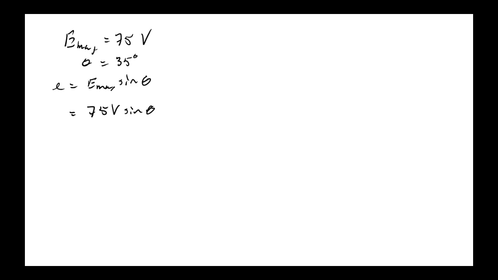All right. 75 sine, open parentheses. Let's check your mode. Here's yours, DRG. That's degree, radian, grade. You're in degree mode. So you're fine. Sine 35, close parentheses, 43.